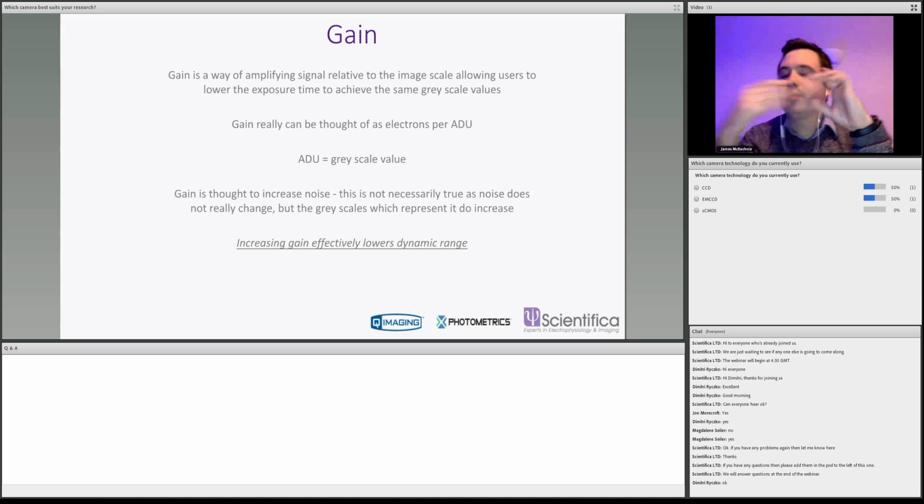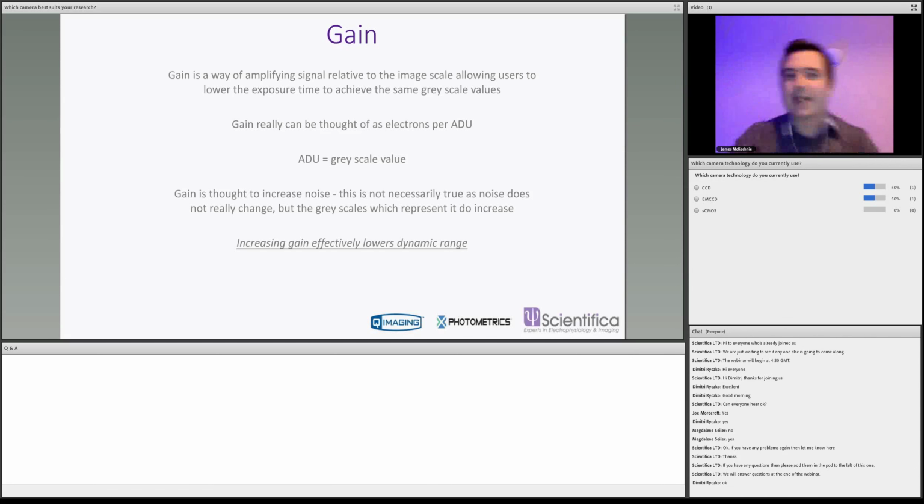So if you had a camera where you can keep collecting light into your pixel, but at the point where it saturates, where you can collect no more light, you have, let's say, 2,000 electrons in there, and you want to spread that over a 12-bit image, which has 4,096 grayscales available to you.